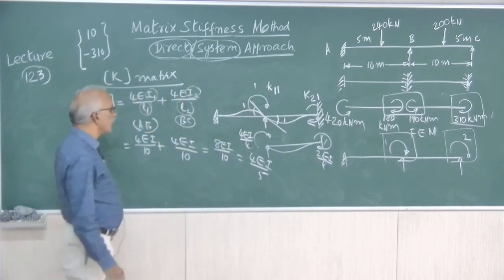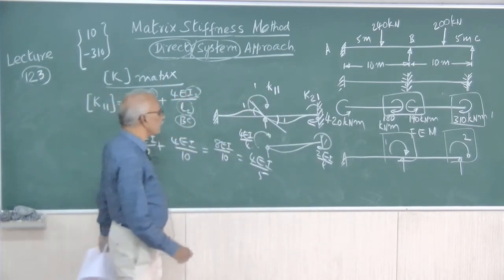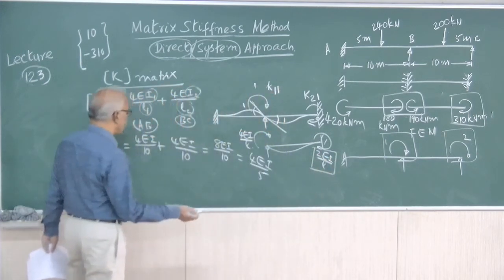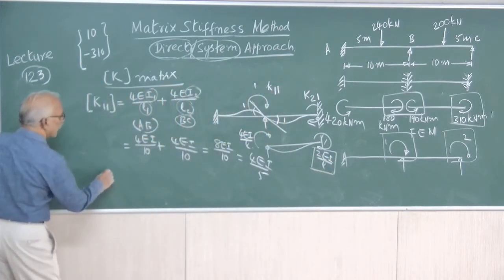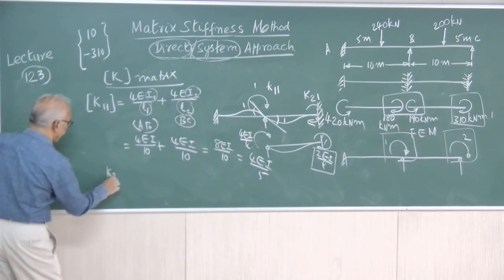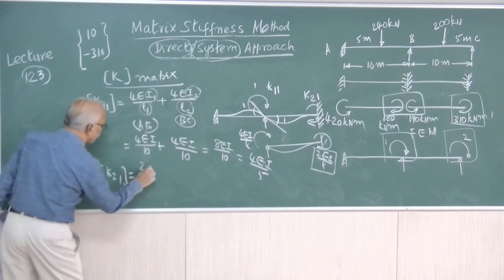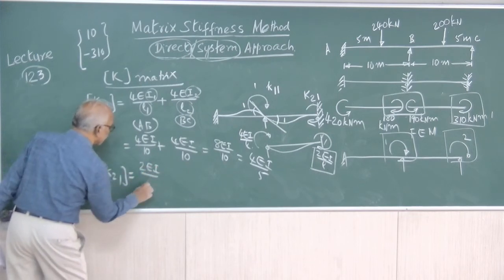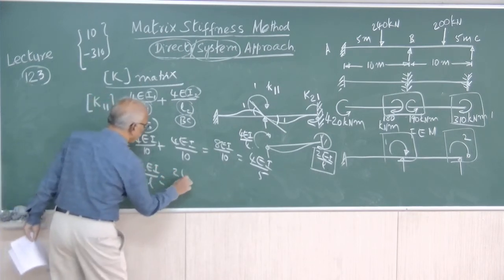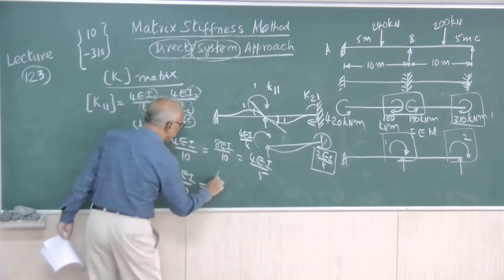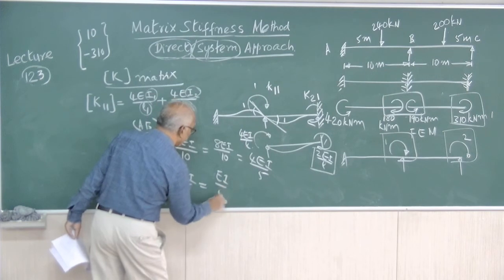We know K21 is 2EI by L. I is same and L is same. So directly we will write, therefore, K21 equal to 2EI by L equal to 2EI by 10 or equal to EI by 5.